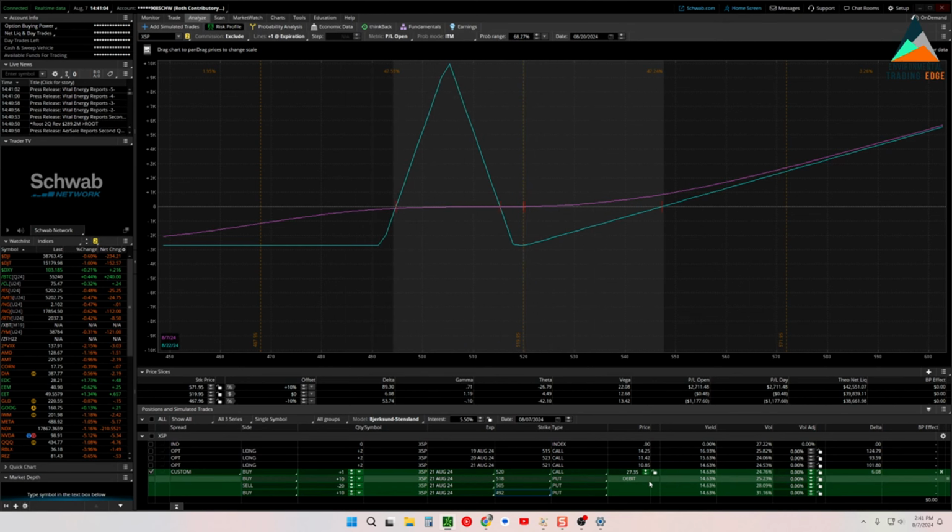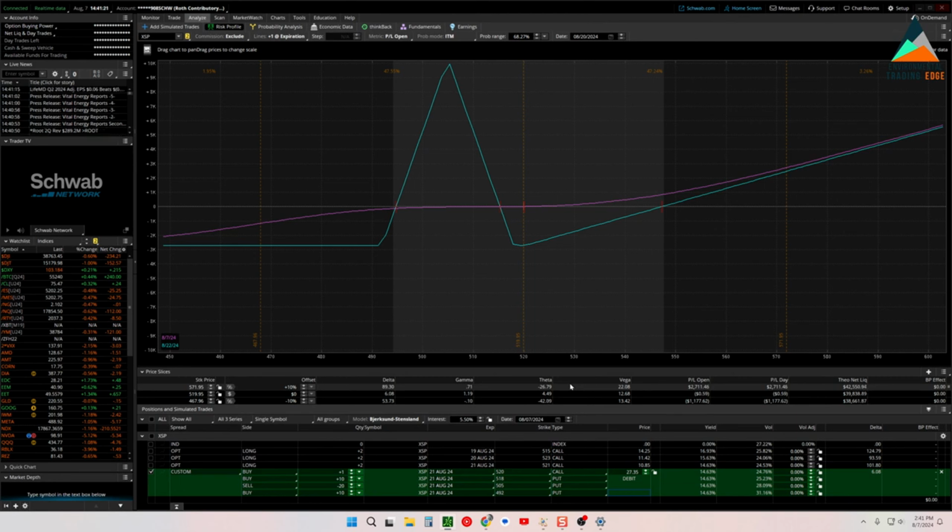I was shocked when I discovered this, but you can actually right click, confirm and send, and they'll actually take it. Schwab will execute it at not too bad of a price. Honestly, I've been shocked, because I threw it out there just to see if they would take it.